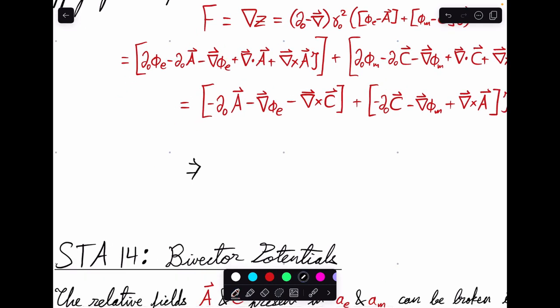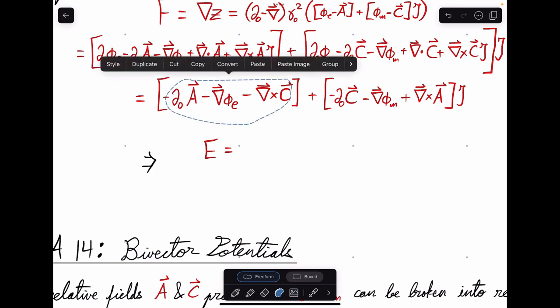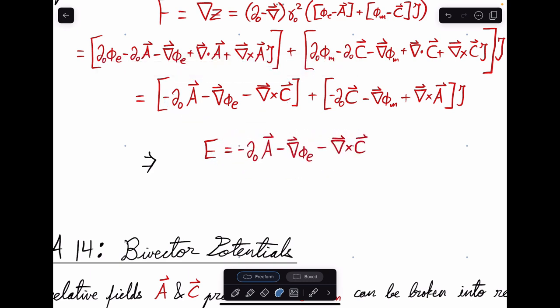So if you break F into relative forms, then this means that the electric field is going to be given by this, and the magnetic field is given by this. So E is equal to this, and B is equal to this.